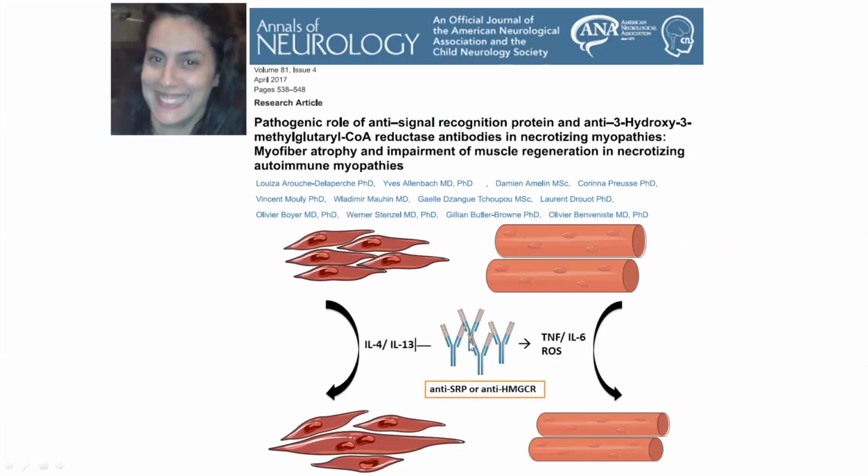Also, if you add these antibodies to already formed myotubes, then you induce atrophy. So presumably these autoantibodies also induce a problem in the repair system of the muscles and induce some atrophy, which is a feature of this disease.